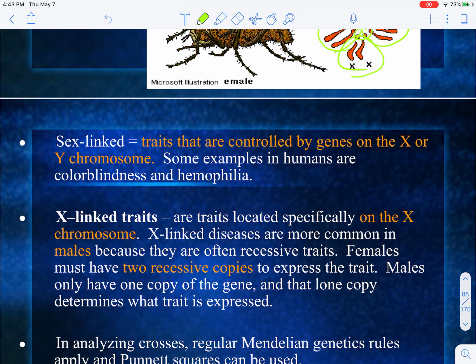Okay, so we mostly talk about X-linked traits, the ones on the X chromosome, in pretty much all of the crosses that we're going to do. The ones on the Y would obviously only be on males, and they would be on the Y chromosome that's given to their sons.